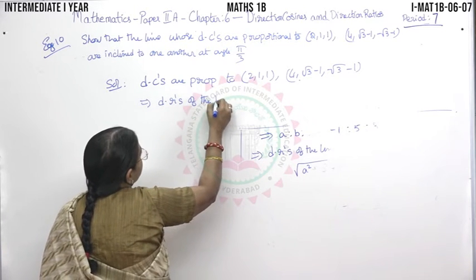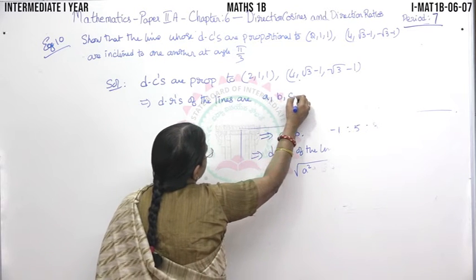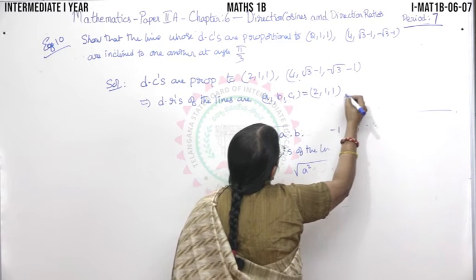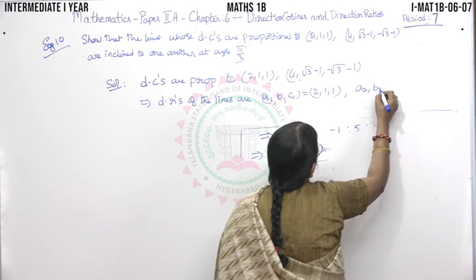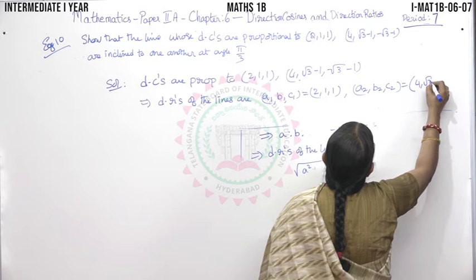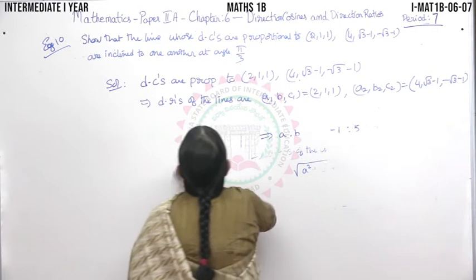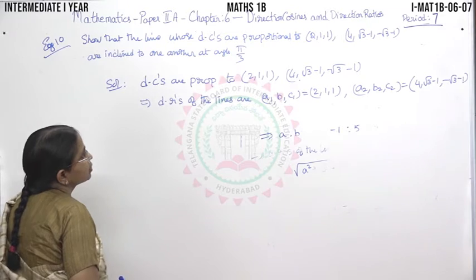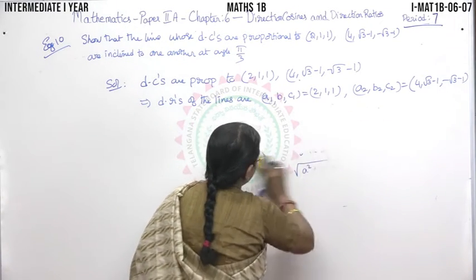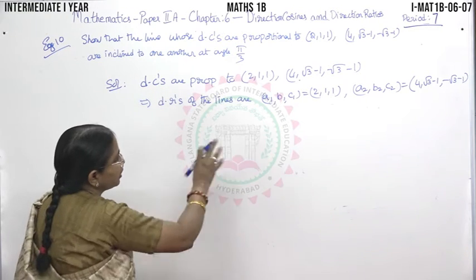So the direction ratios of the lines are A1 B1 C1, that is 2 1 1, and then A2 B2 C2, that is 4, root 3 minus 1, minus root 3 minus 1. Direction cosines are proportional means they are the direction ratios.